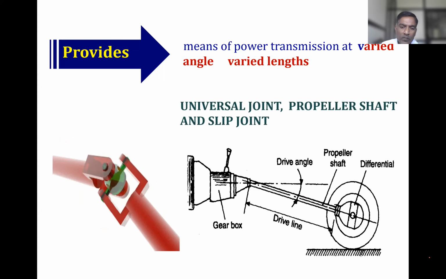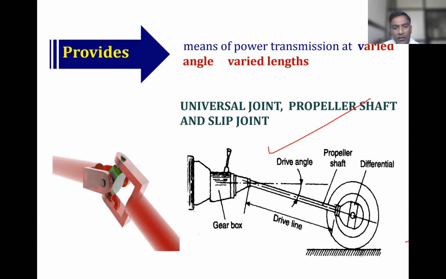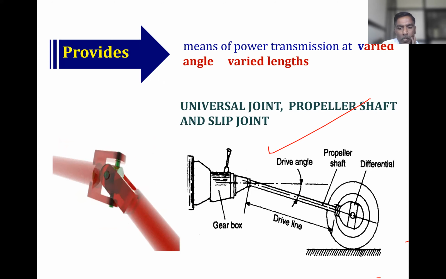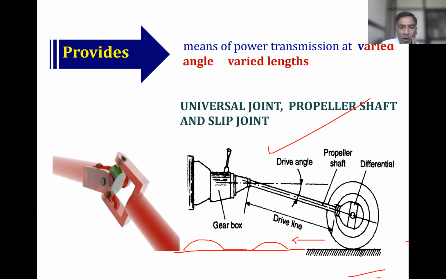So this is the schematic with respect to the front engine rear wheel drive. So for the front engine front wheel drive, constant velocity joints are used. So you know, whenever vehicle is moving on the road, this wheel has to confront bump and pit in the road.